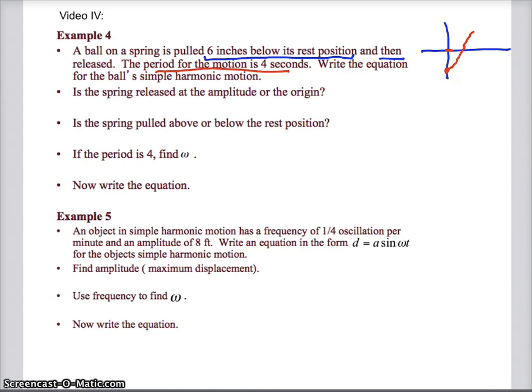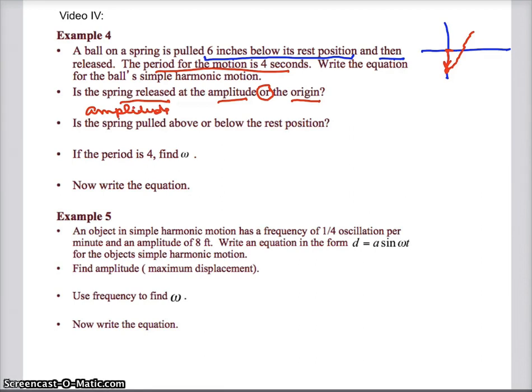So as you go through this process to write the equation, you want to ask yourself a few questions. Is the spring released at the amplitude or the origin? If it's pulled down below the rest position and then released, then we would say that it's released at the amplitude. Now I want you to think about the importance of that.